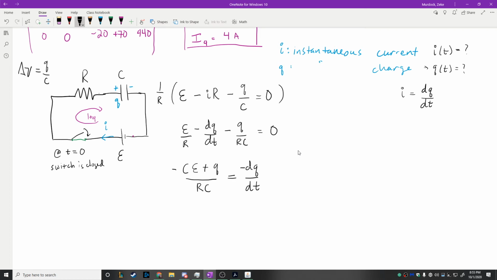Next thing we're going to do is, this is a differential equation that we can separate the variables. So I'm going to move the q minus CE to the right-hand side. This equation is now going to become something like this. We're going to have negative dt divided by r times c, and this is going to be equal to q minus c times e divided by... Oh, no, that's not right.